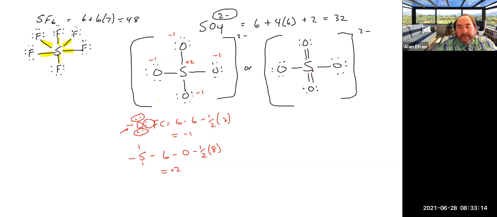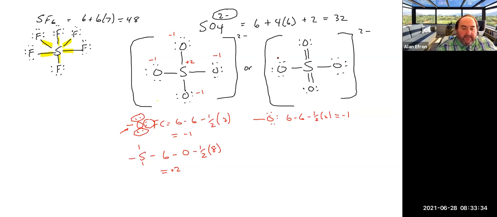So let's see what happens when we look over here at our double bonded expanded octet with the sulfur. Again, with our single bonded oxygen, we are going to end up the same as what we did on the left. That's going to be 6 minus 6 minus 1/2 of 2, going to give us a -1.